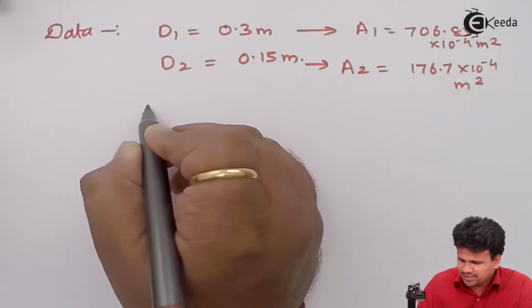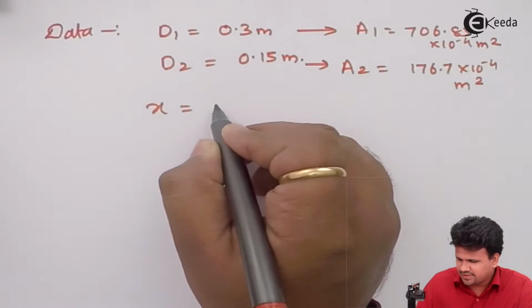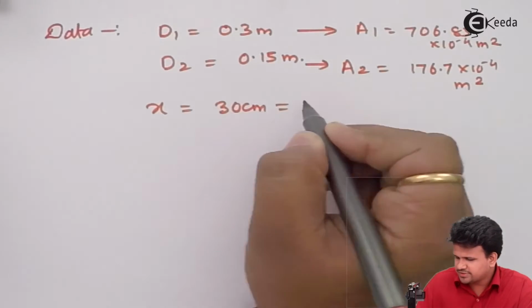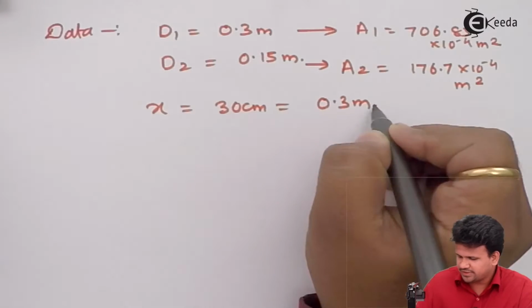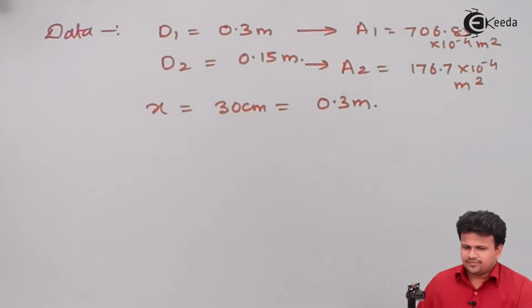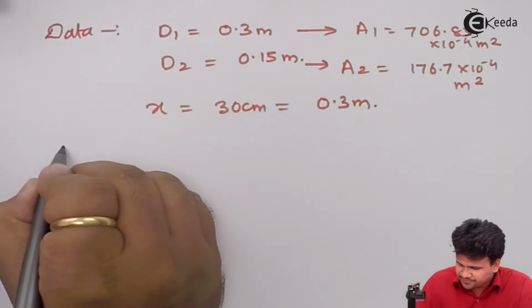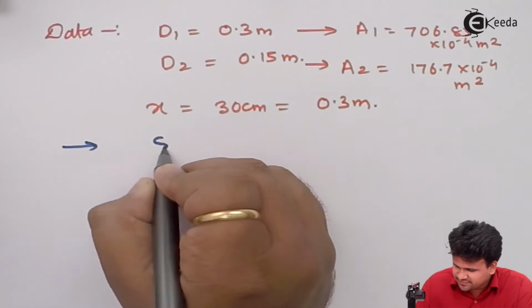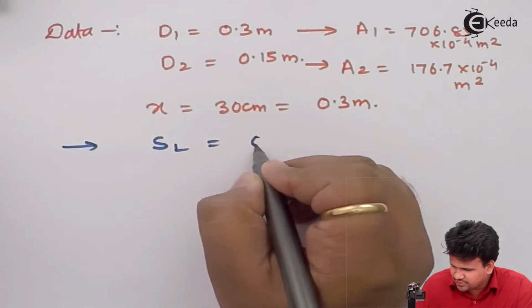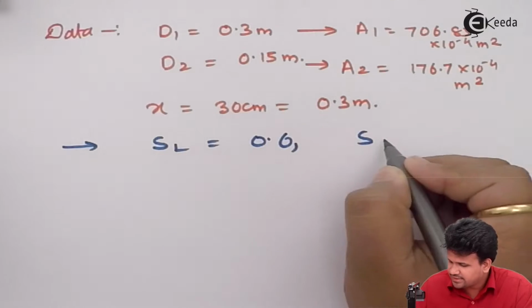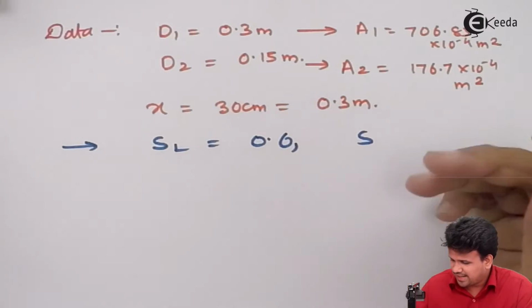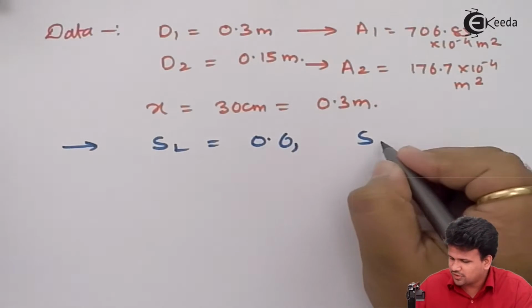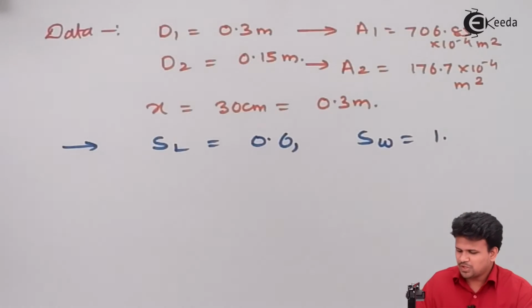Now, we know that the value of X is given to us as 30 centimeters, so this is 0.3 meter. Along with that, a few other values are given: in the manometer, the specific gravity of the liquid is 0.6, and the fluid used is water, having specific gravity 1.